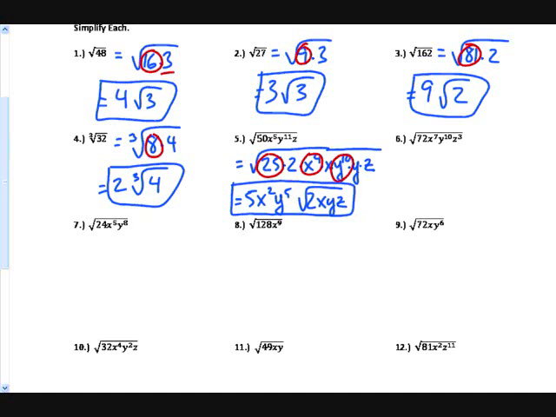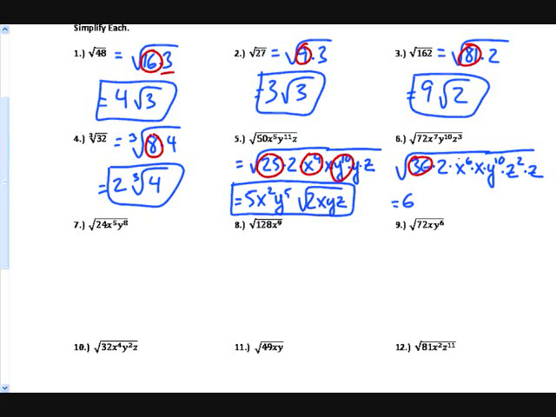For number 6, the square root of 72, I can break down into 36 times 2. X to the 7th, I can break into x to the 6th times x. And then y to the 10th is already a perfect square. Z to the 3rd is z squared times z. So again, I take the square root of each perfect square. The square root of 36 is a 6.